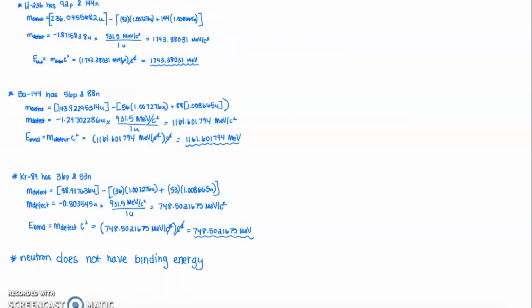So what I'm going to do is look at the binding energy of my reactants and the binding energy of my products, of course, ignoring those neutrons because there's no binding energy with them. And then I'll look at the change in binding energy from the reactants to the products, and the difference between that must be the energy released.